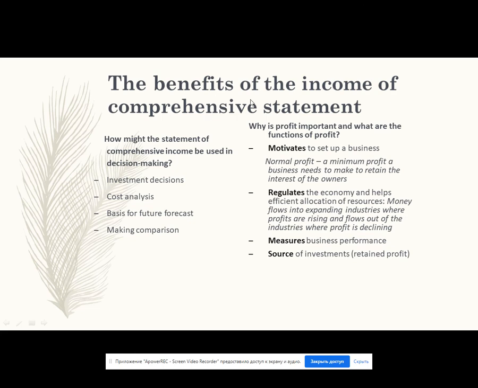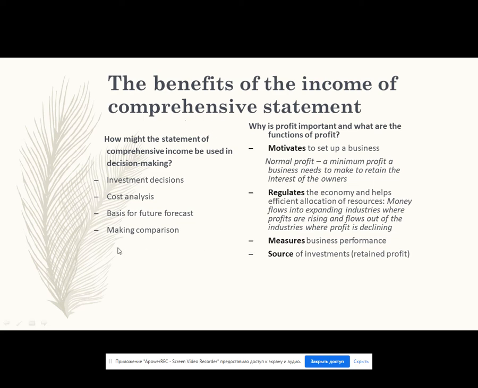Or, sorry, statement of comprehensive income, definitely not income comprehensive statement. Then we can also use this statement of comprehensive income for future forecasts, like when we try to predict or forecast our future cost of sales, future expenses, future gross profit, operating profit, and net profit.